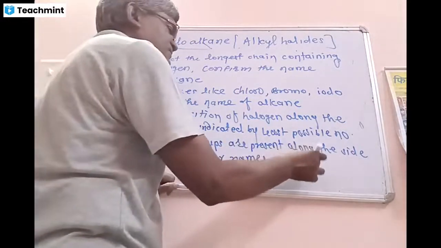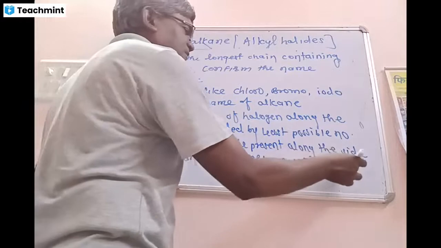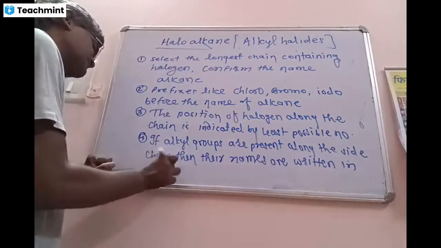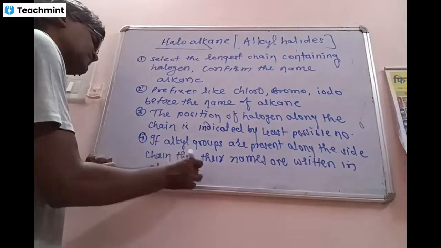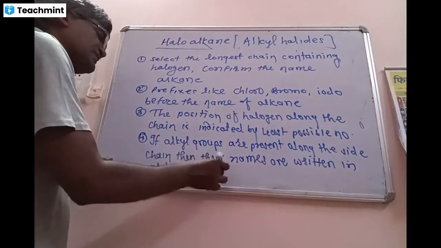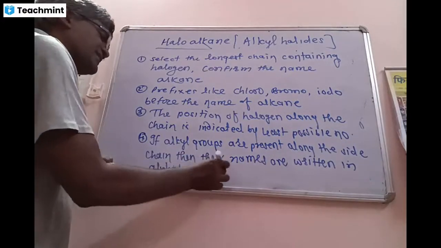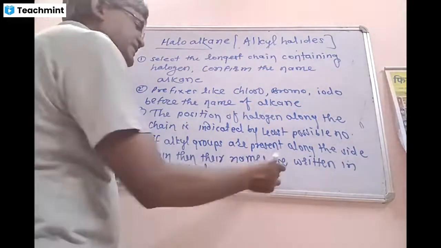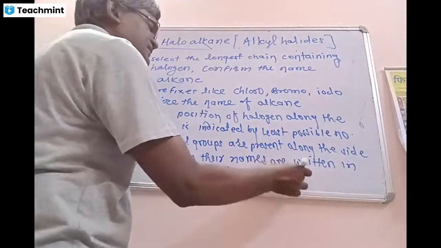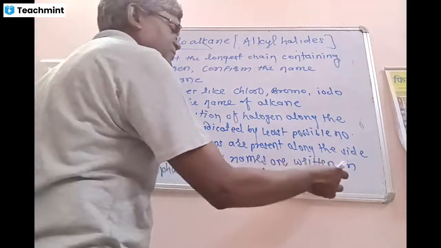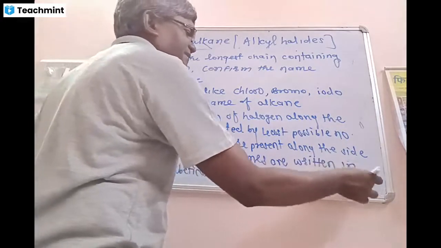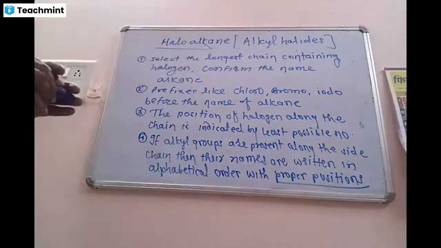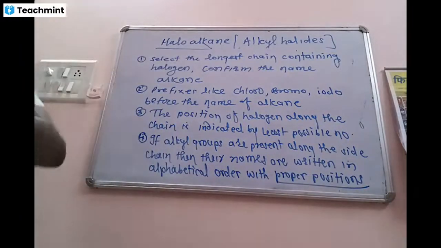How? In alphabetical order. And what else should be done? Just that will not work, with proper numbering of positions. So these are the 4 simple rules for writing the names.